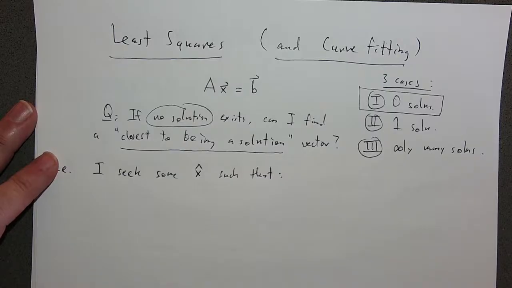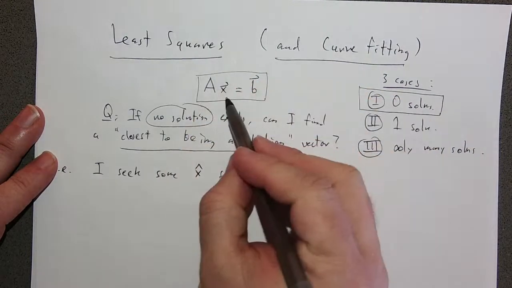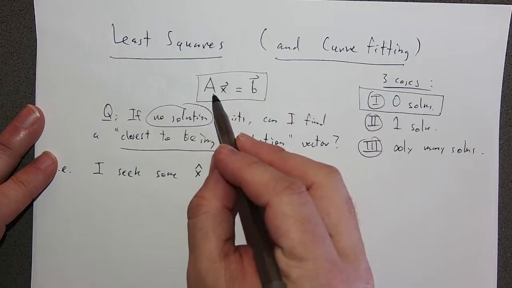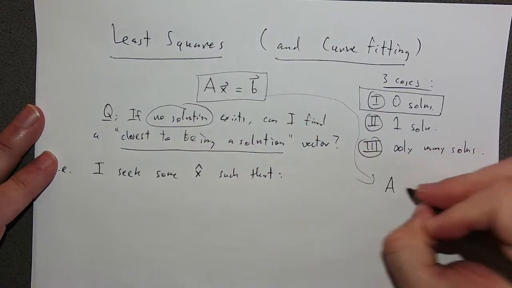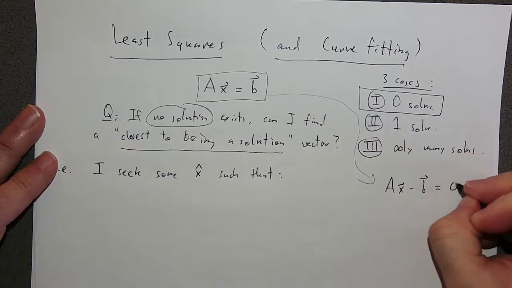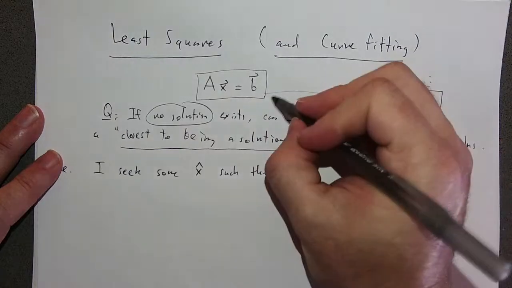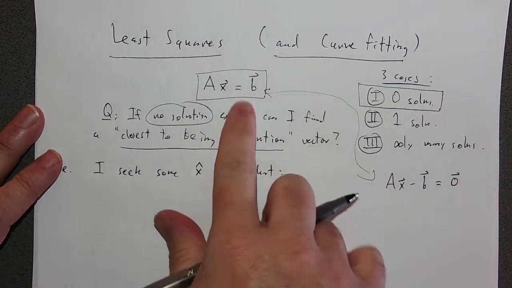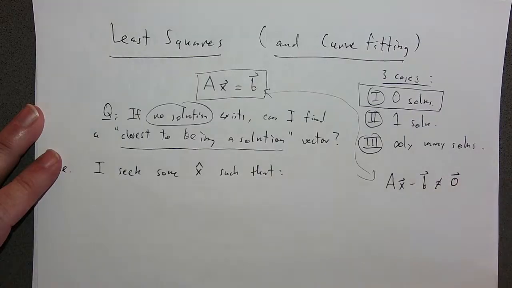What is the thing that I'm trying to minimize? If x is a solution, then Ax minus b is a zero vector, because Ax is equal to b. But if x is not a solution, this is not the zero vector.